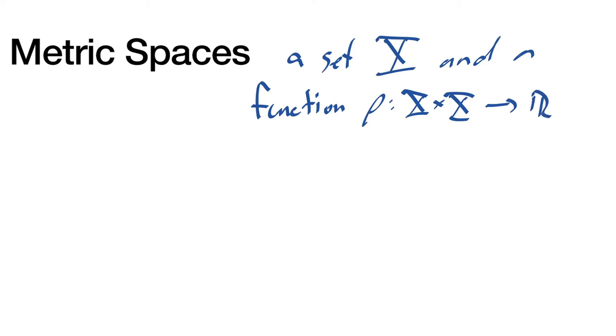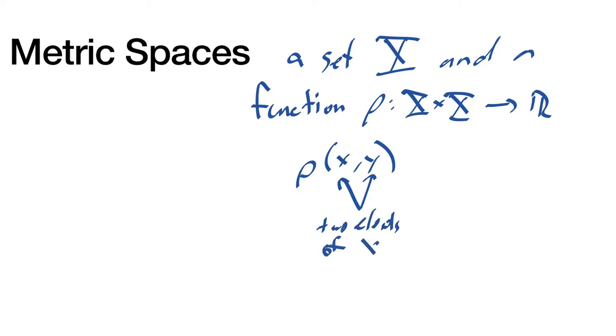What does that mean? Well, it means rho takes two elements, x and y, both elements of whatever our set is, and then the output is some number d, which is a real number.